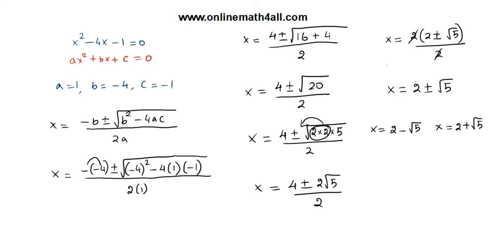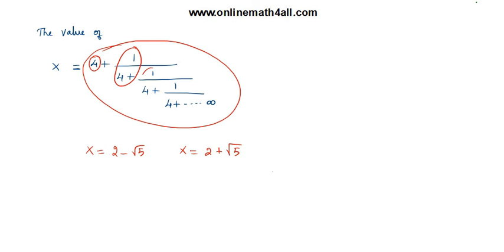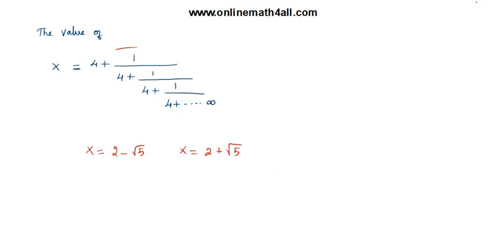Definitely we cannot consider both values, we can consider only one of them. How? When we look at the given numerical expression, we have 4 plus 1 by 4. We know that the value of 1 by 4 is 0.25, and we have some more values after that. Anyways, it is very clear that the value of this given numerical expression is greater than 4, or 4 point something.